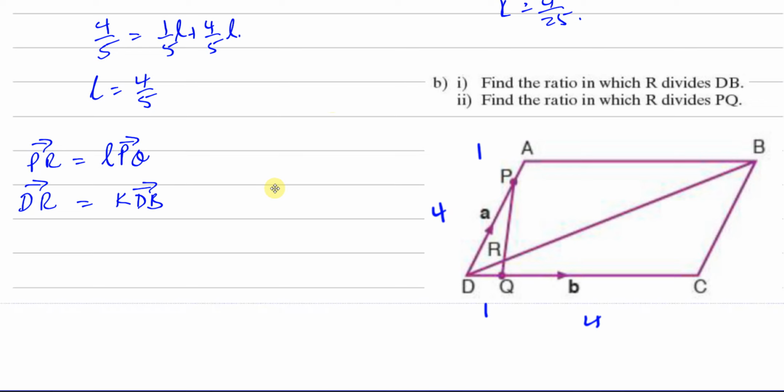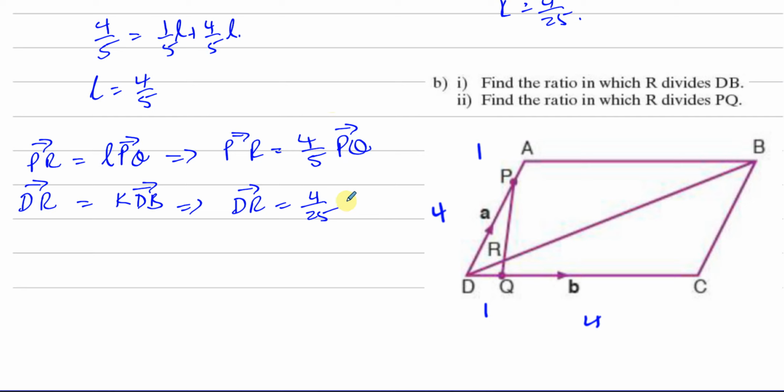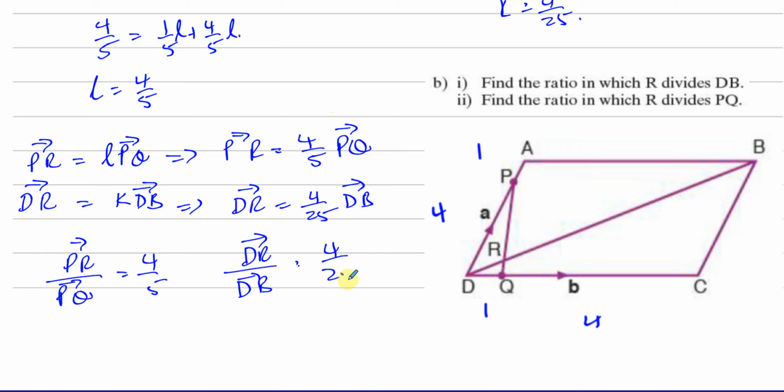Now, I know L is 4/5, so I can say that P to R is 4/5 of P to Q. That's how far along it is. So PR is 4/5 of all of P to Q. And I can say that DR is K, which is 4/25 of D to B. If we rewrite this, I can say that means the ratio of P to R to P to Q is 4/5, and the ratio of D to R to D to B is 4/25.